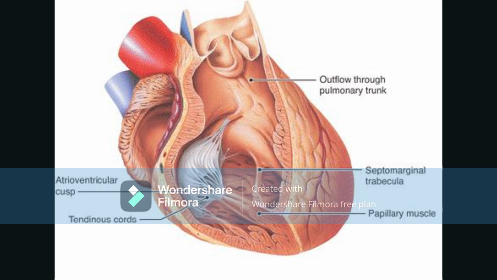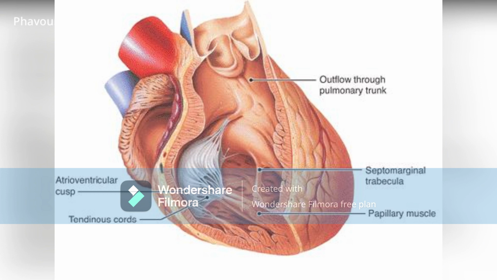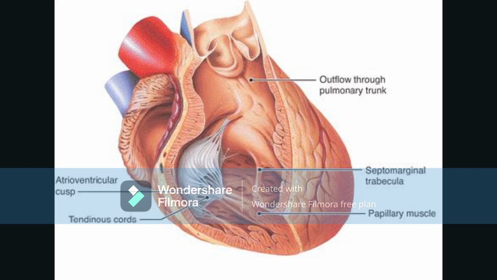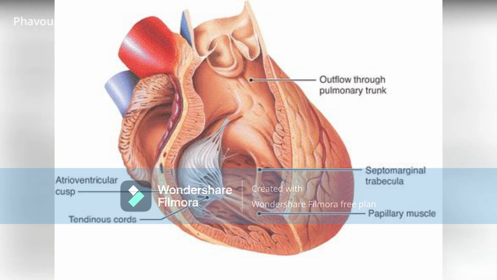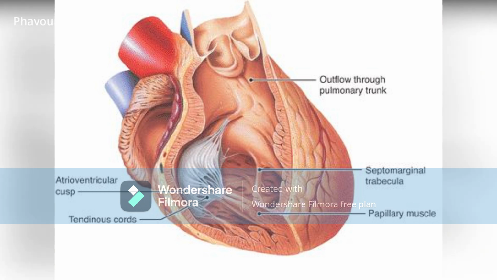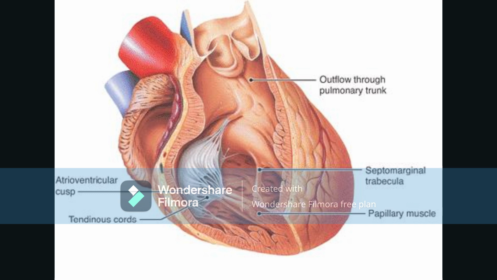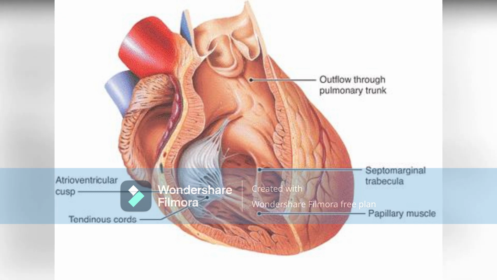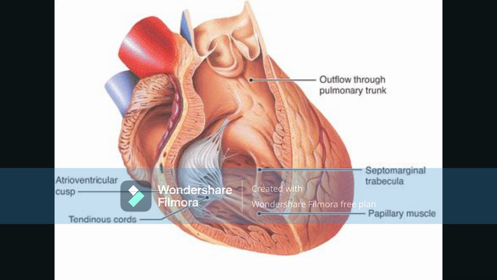These muscles contract during ventricular systole to prevent prolapse of the leaflets into the atria. Actually there are 5 papillary muscles. 3 are located at the right ventricle and support the tricuspid valve. The remaining 2 are located at the left ventricle, supporting the mitral valve.